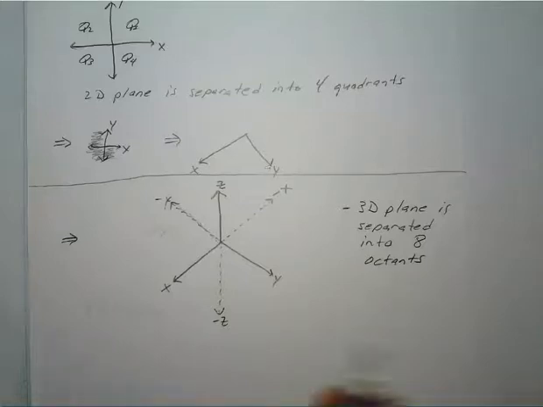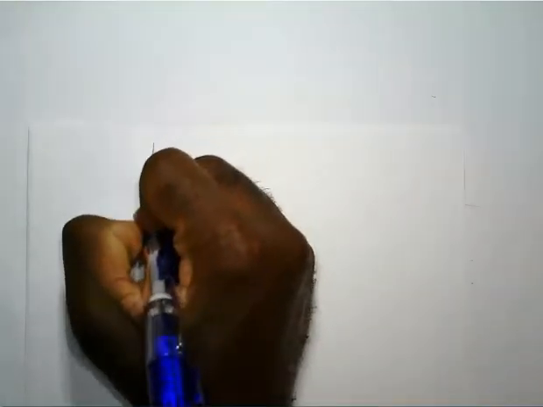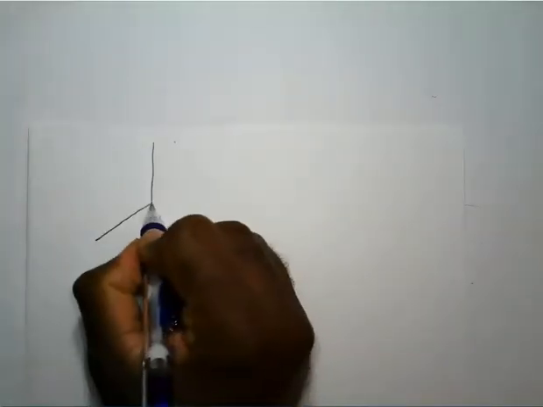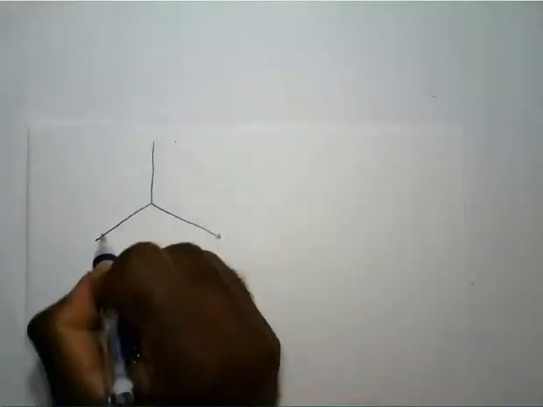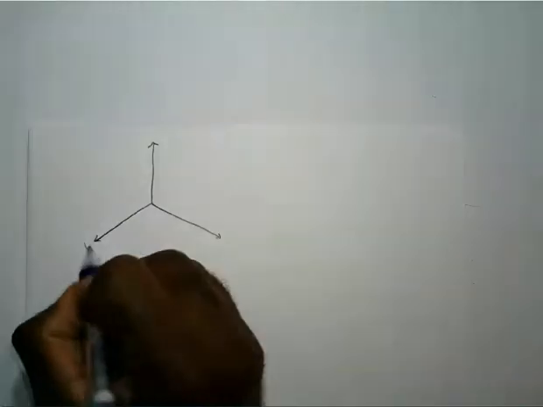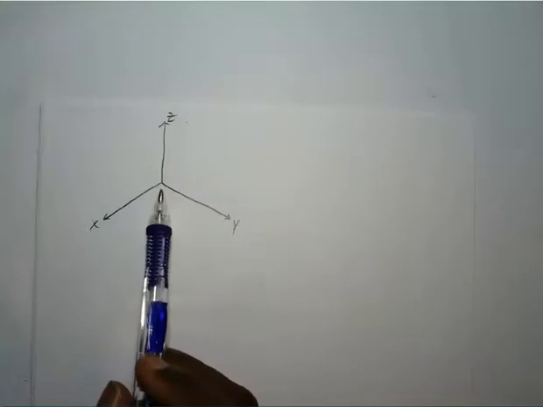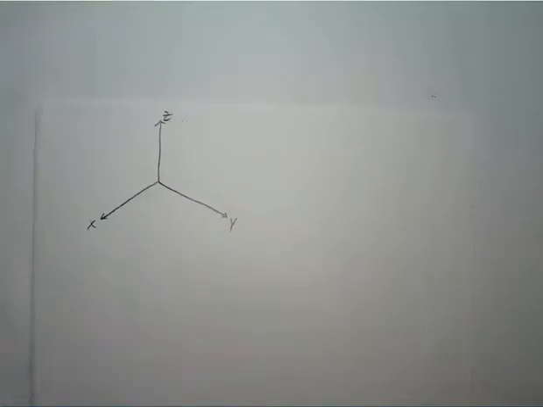If you are still writing, feel free to press pause. We're going to go to our next page. Drawing another 3-dimensional plane, it's our X, our Y, and our Z. Again, if you picture it as the corner of your room, that helps.